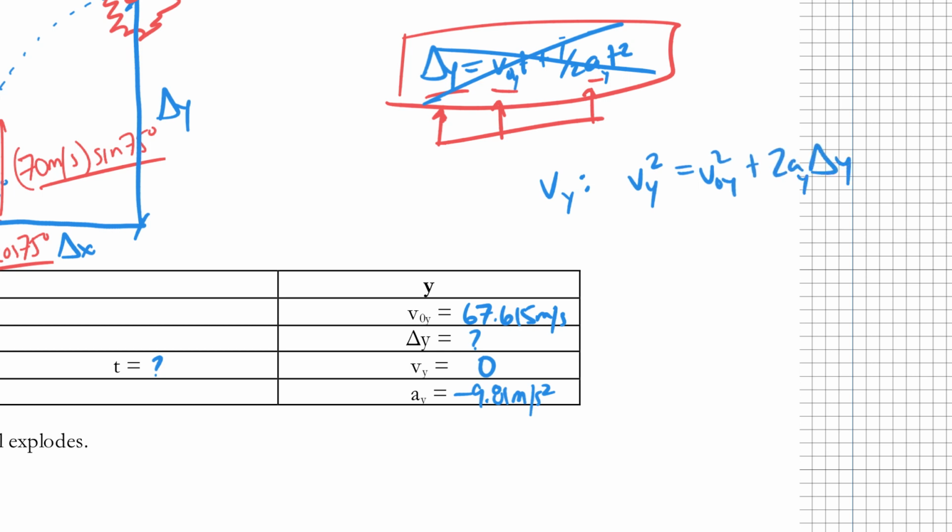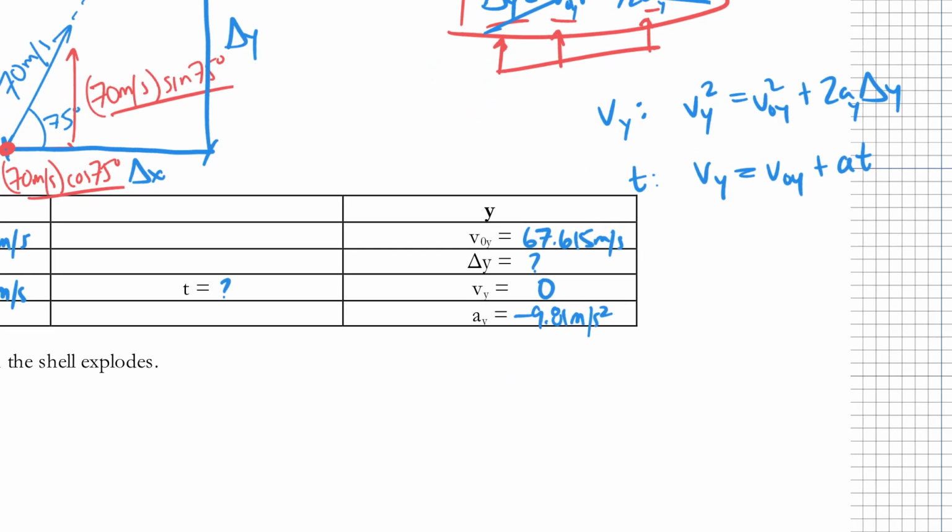Once you have V sub y, then you can get time out of this equation: Vy equals V naught y plus AT. I don't remember exactly how this problem is going to work out, but that is a strategy that usually works out.